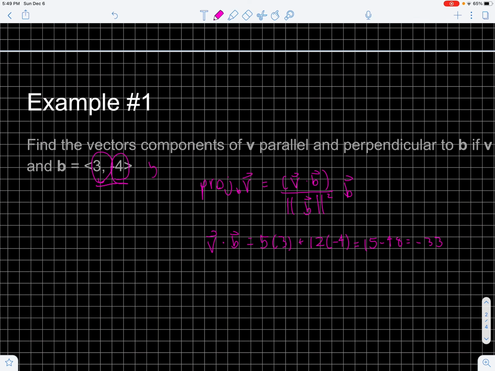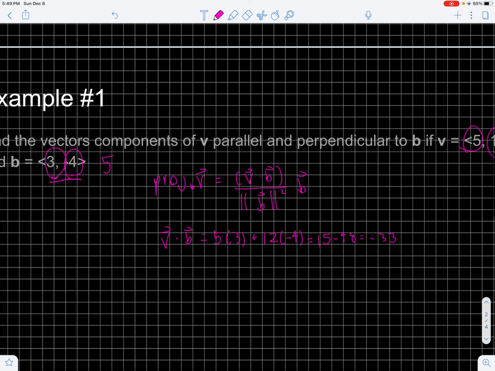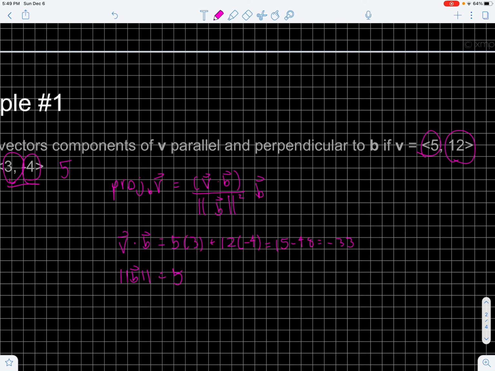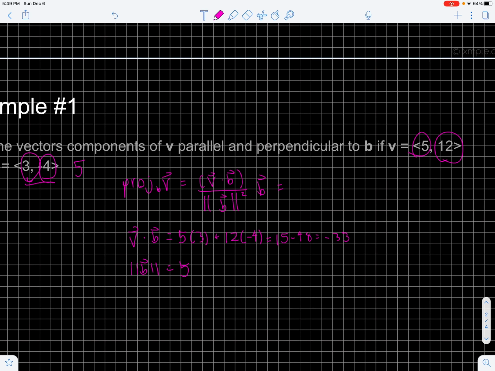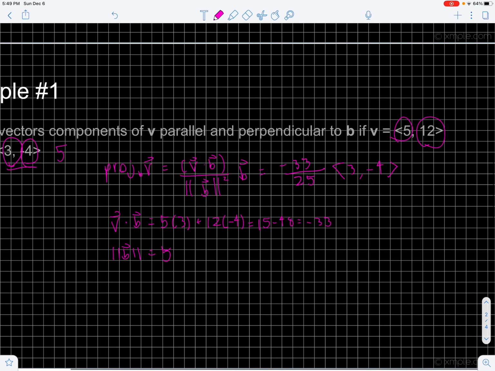The norm of b, as you can probably guess, is 5. I absolutely did that on purpose. It's a 3, 4, 5 triangle, a Pythagorean triple. So we know that's negative 33 over the norm of b squared, which is 25, times our vector b, (3, -4).